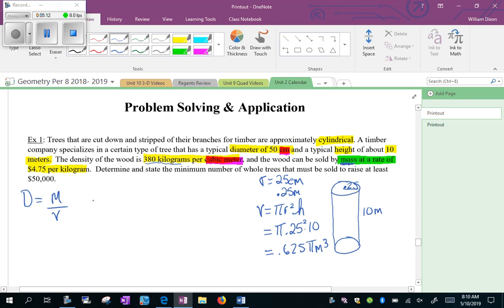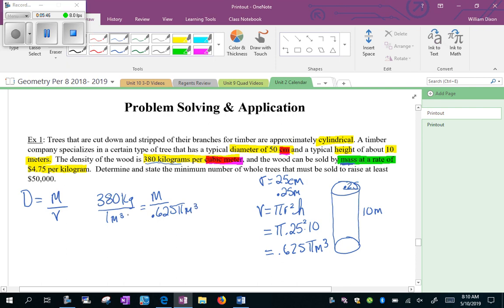So our density is 300 kilograms per 1 meter cubed. That's going to equal our mass, what we are looking for, over our volume, which is 0.625 pi meters cubed.